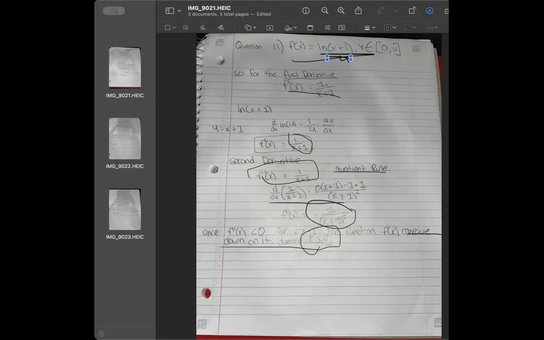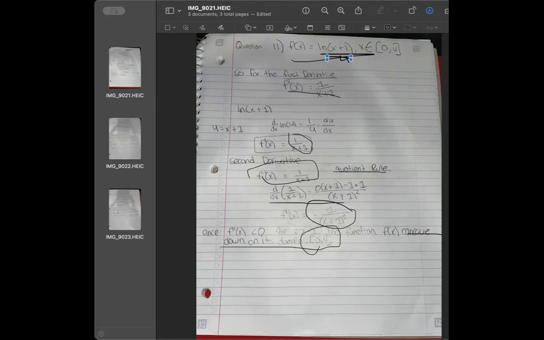Okay, and to find the first derivative of f of x equals ln(x plus 1), that came out to be 1 over x plus 1.